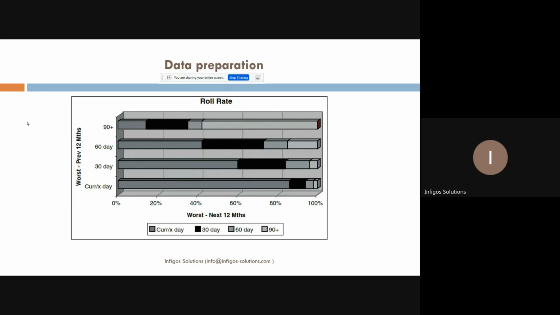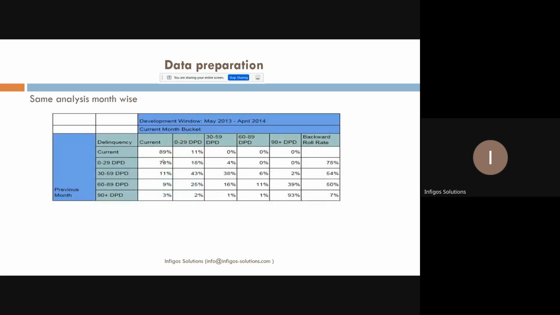Somebody who has gone 90-day past due before is more likely to go 90-day past due again. This is the 12-month history, and then this is month-wise. Somebody in the previous month is like this, in the current month how does he behave? Let's say somebody is current, he will stay current, more likely 89%.